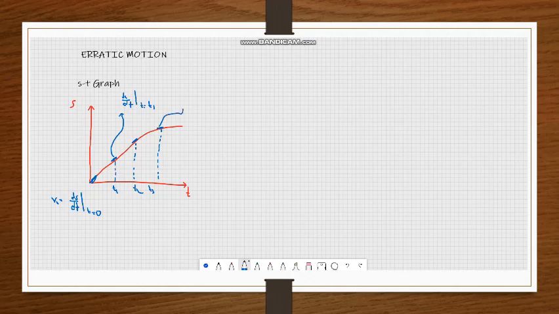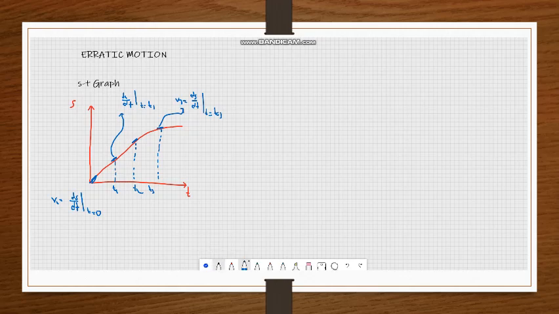Let's say, okay, let's take this one, ds over dt at t equal to t3, which is going to give us the velocity at 3. Okay, velocity at time 3.